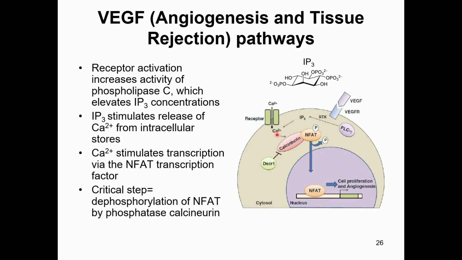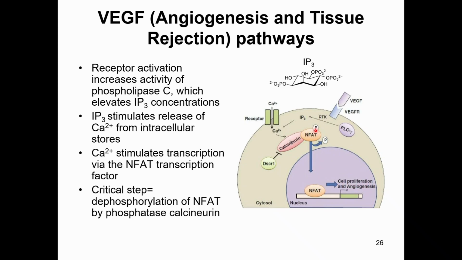And then that actually has an interesting thing. That itself can stimulate transcription of NFAT, but there's also some other stuff going on. It turns out that NFAT is a transcription factor, but it's a different type of transcription factor. It exists in the cytoplasm, but it can translocate into the nucleus. And when it's in the nucleus, NFAT causes transcription of some cell proliferation genes, but also importantly, some angiogenesis genes.